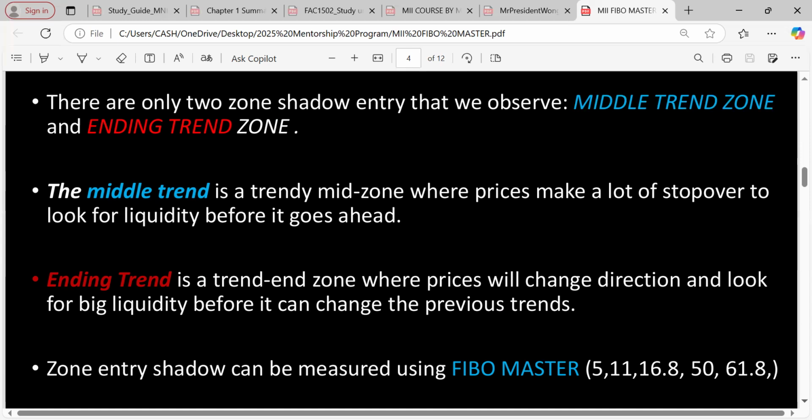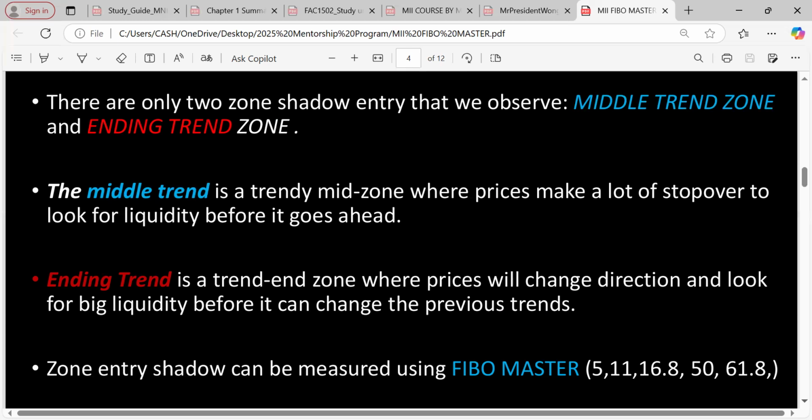There are basically two levels that are important: the mid trend zone, I'll show you what I mean by that, which is the 50% and 61.8%, and the ending trend zone. The ending trend zone is where it's the end of a trend, where the market is going to make a reversal.